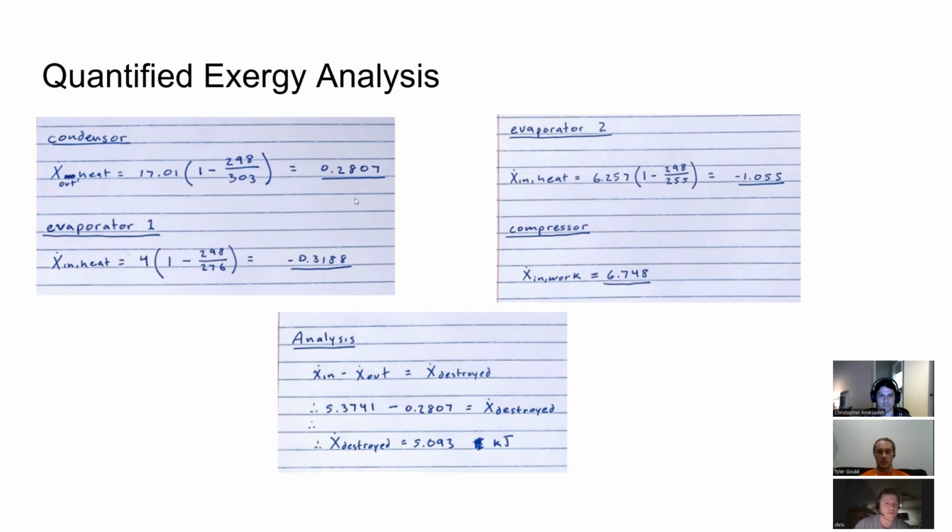But here we can see in total, we have our QN, which is going to be about 5.37 kilojoules, our Q out, which is going to be that 0.28 kilojoules, which will give us our total destroyed exergy at 5.093 kilojoules, which makes sense because this isn't a perfect, completely optimal system. So we're obviously going to have some exergy destroyed here.